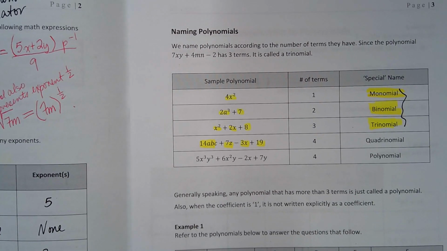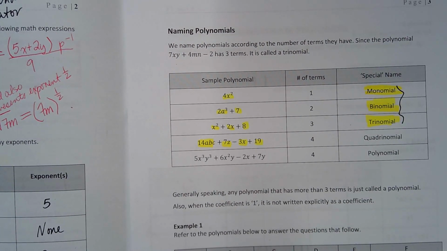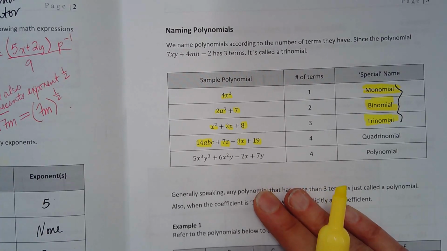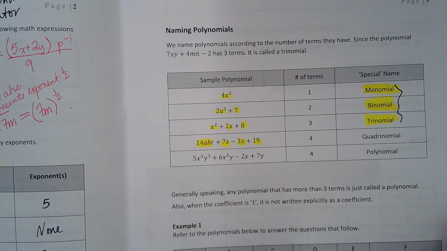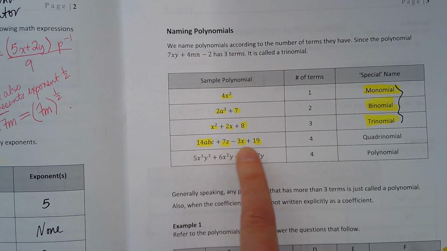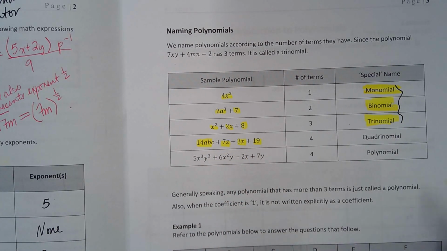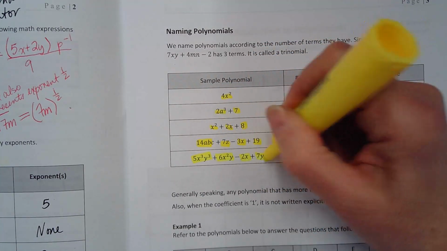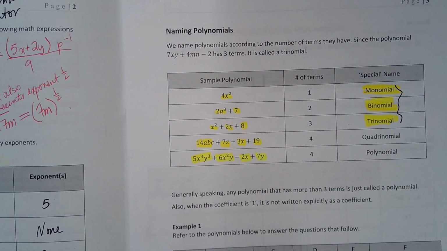The most you'll see in math class is maybe 10 terms, but as we move through applied math, they won't be crazy. Probably the biggest you'll deal with on a day-to-day basis would be 4 terms, okay? Again, this is just 4 terms: 1, 2, 3, 4. But anything bigger than a trinomial, we're just going to refer to as a polynomial.